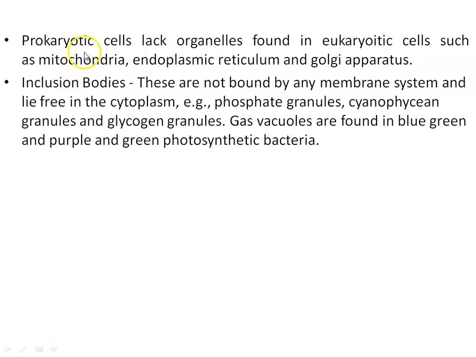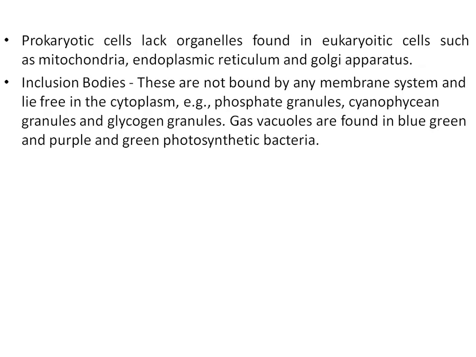Now, as I have already said previously, prokaryotic cells lack well-defined cell organelles, for example mitochondria, endoplasmic reticulum, and Golgi apparatus. These are found in eukaryotic cells but not in prokaryotic cells.